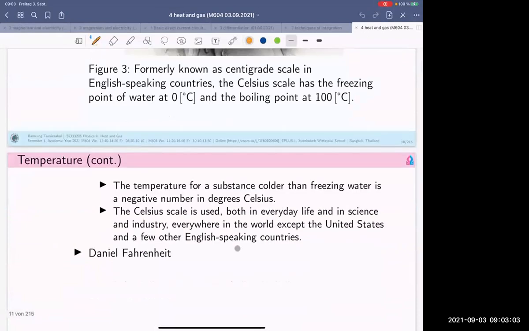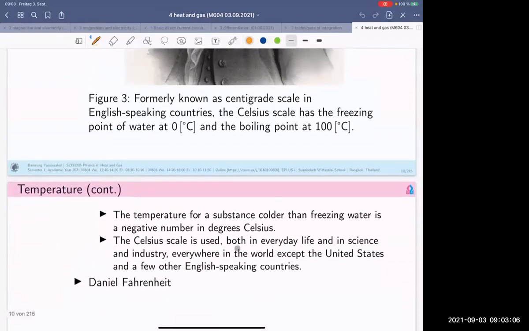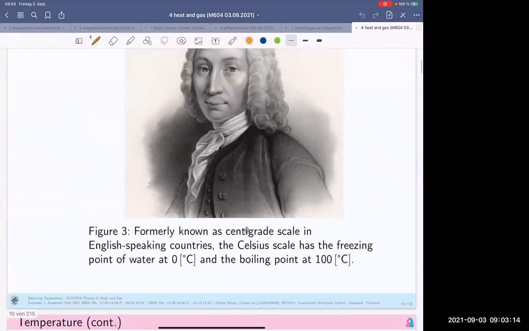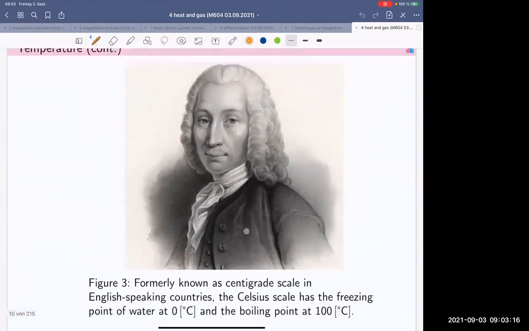The temperature for a substance colder than freezing water is a negative number in degrees Celsius. If you have anything like dry ice, it's on the order of minus many degrees Celsius, because it's really very cold.